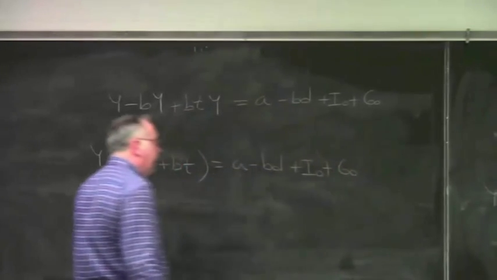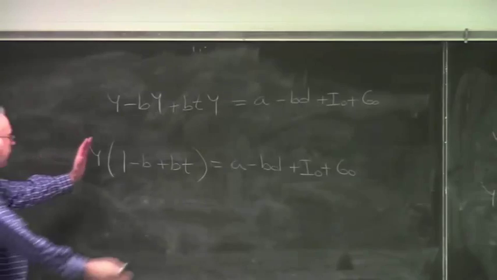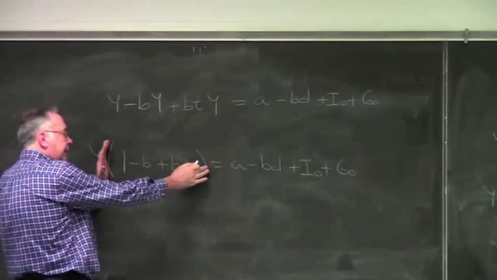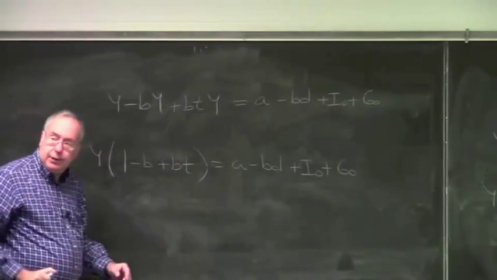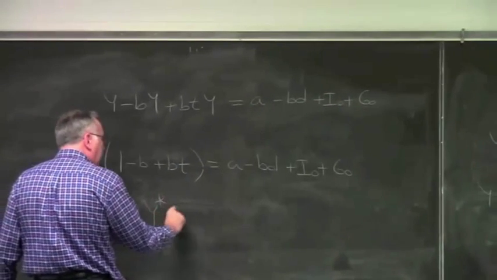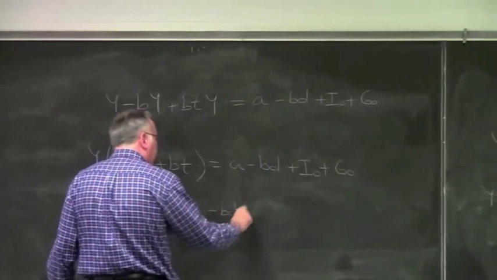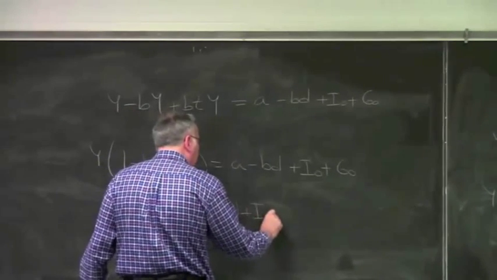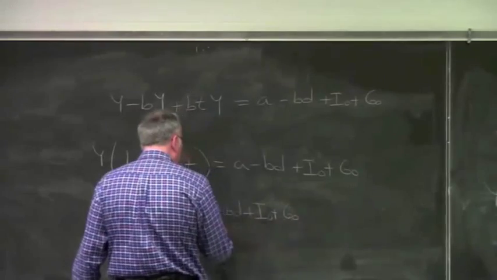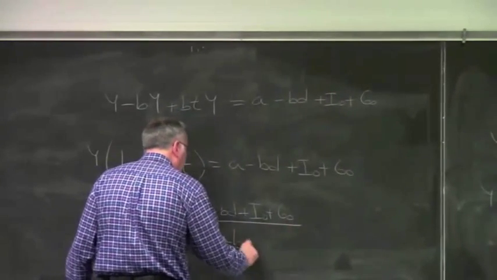And now all you have to do is divide both sides by this expression in parentheses, and you'll have your Y star. So Y star, the equilibrium value of national income, is A minus BD plus I plus G over 1 minus B plus BT.